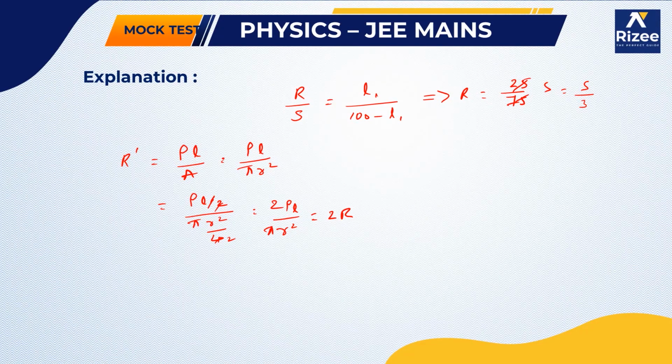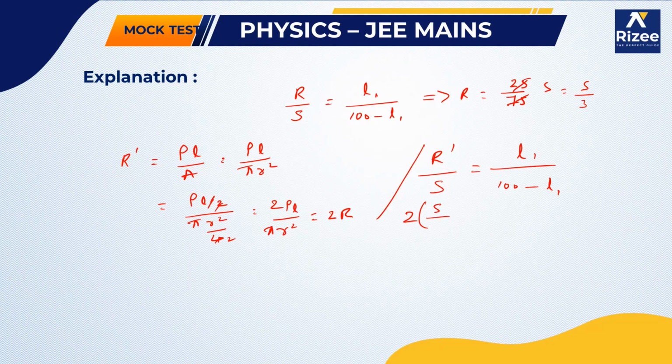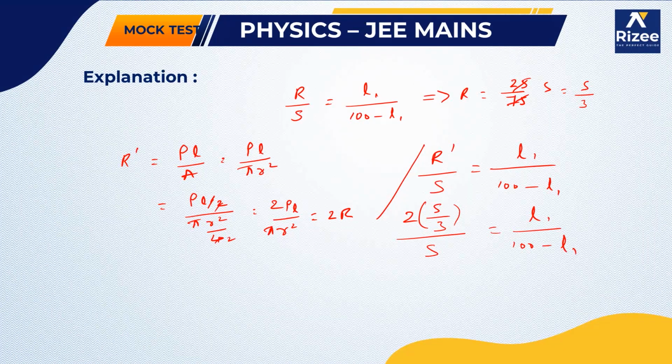Then for finding the balancing length, R dash by S is equal to L1 by 100 minus L1. R dash is 2R, and R is S by 3, so 2S by 3 over S is equal to L1 by 100 minus L1.